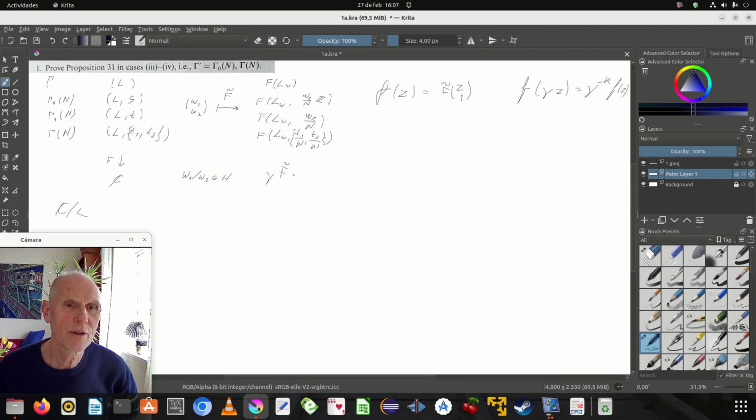We have to show that gamma f tilde equals f tilde, which means by definition that gamma operating as a matrix on the column vector changes nothing.